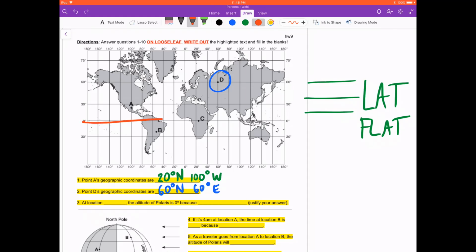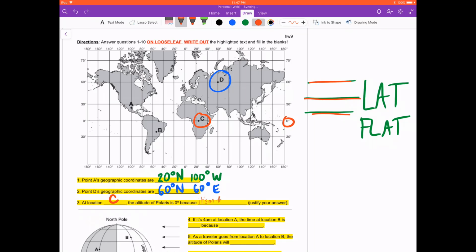So here's the equator. At location C, if I look carefully, I can see that C is on the equator because it's at 0 degrees latitude. Flat, lat, flat. So at location C, the altitude of Polaris is 0 because it is on the equator. Let me write that in red.